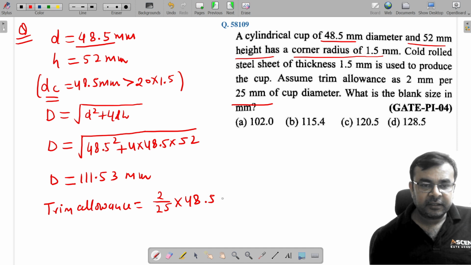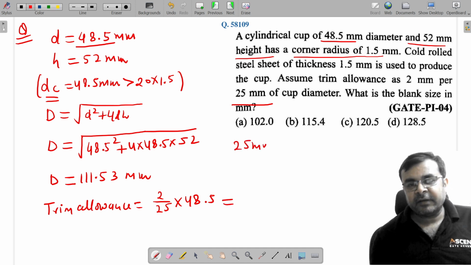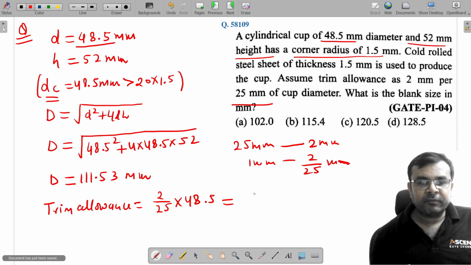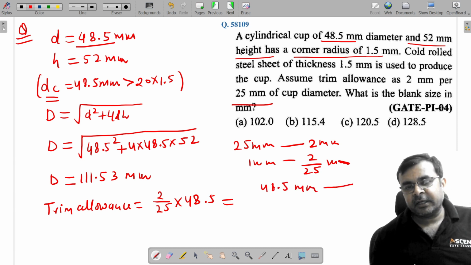If you have cup diameter 25 mm, then the trim allowance will be 2 mm. So if we have 1 mm cup diameter, how much trim allowance is given? That is 2 by 25. So what about 48.5 mm? Obviously 48.5 mm cup diameter requires 48.5 mm into 2 by 25.